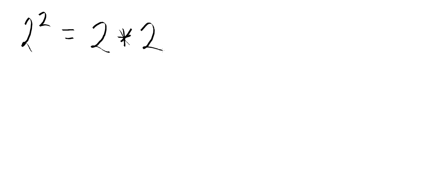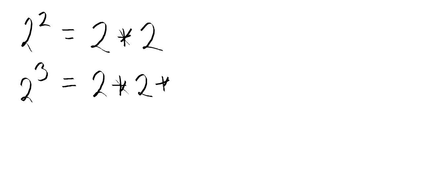It's easier to see once we add on the 3. So if I'm taking 2 cubed, or 2 to the 3rd power, that's 2 times 2 times 2. 2 times 2 we know is 4. 2 times 2 times 2 gives me 8.